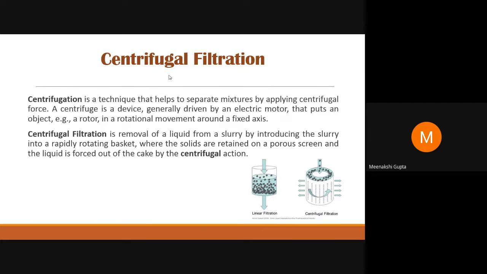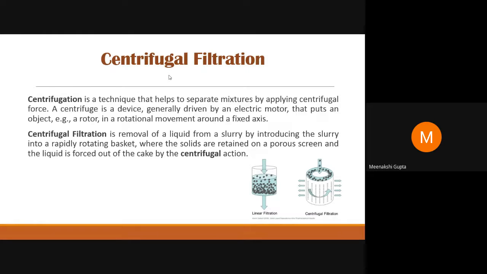You must have used this instrument in the laboratory just to remove solid from the liquid. Basically, the device is electrically driven, and there is a rotor which rotates. The particles are subjected to centrifugal force.